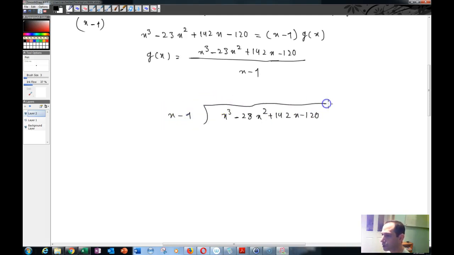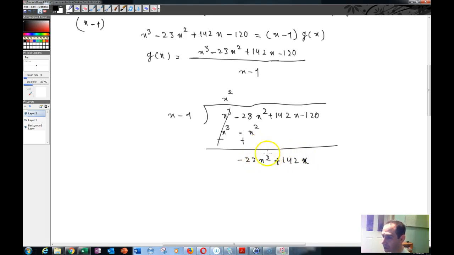If you divide x cubed by x, you'll get an x squared, and x squared times x minus 1 is x cubed minus x squared. These will cancel out, and then you'll have negative 23x squared plus x squared, which is negative 22x squared, plus 142x.